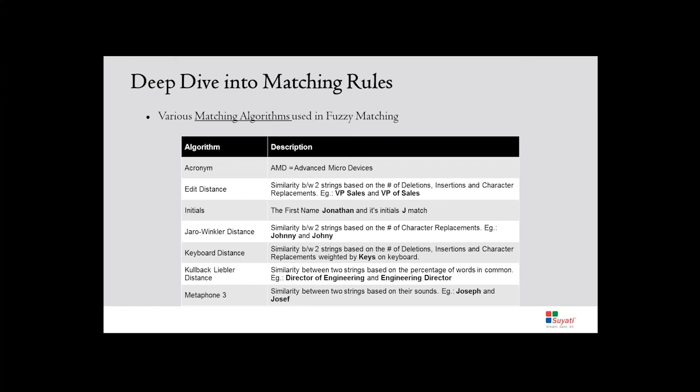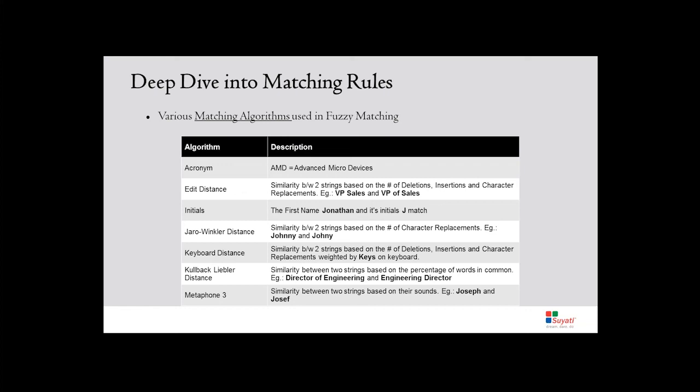The next one is the keyboard distance, which is pretty much like your edit distance, but here the score is identified by the positions of the keys. Then you have something called the Kullback Leibler distance, where the words in common determine the score. Then finally the Metaphone 3, where the score is calculated based on the sounds that are produced. Some of these are proprietary algorithms.